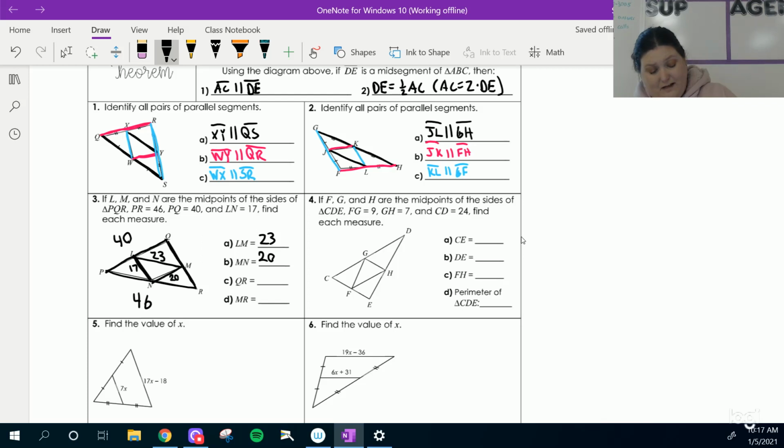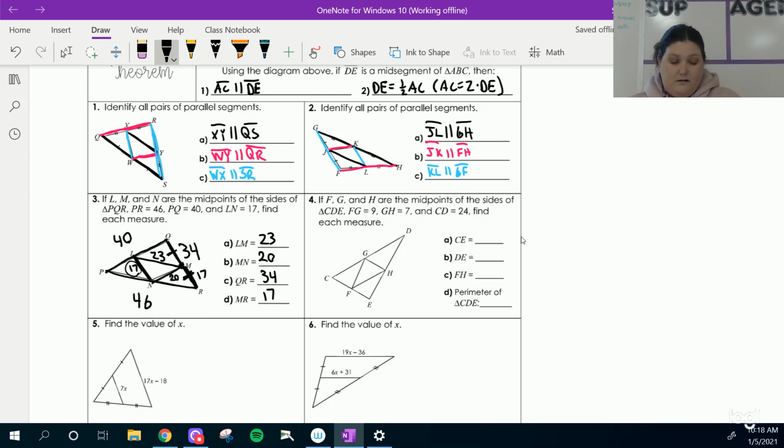That means we have to double this number to get what the bottom is, which is 34. And MR is this little piece here. That piece is 17, because midsegments separate this into even pieces. So that's why that is 17.